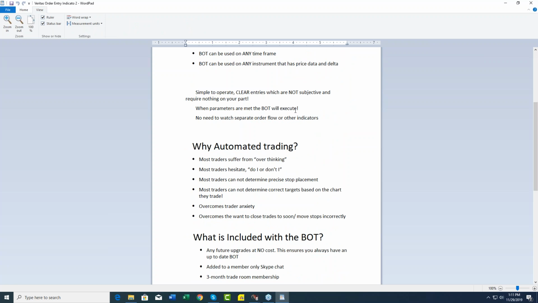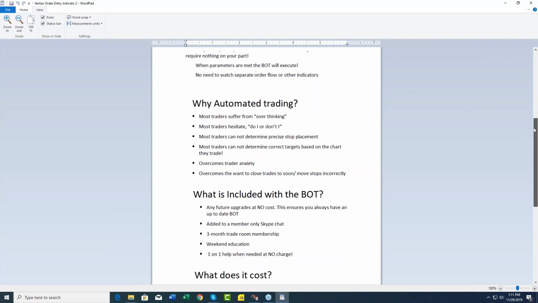Simple to operate, clear entries, which are not subjective and require nothing on your part. When the parameters are met, guys, the bot will fire the trades, will set the stops, will set the targets, and will auto trail to your profit target.